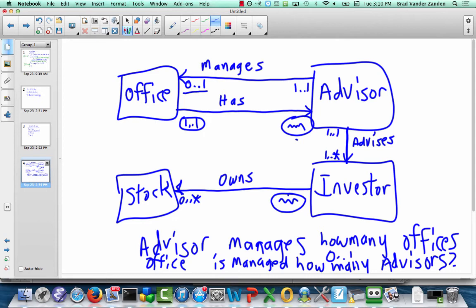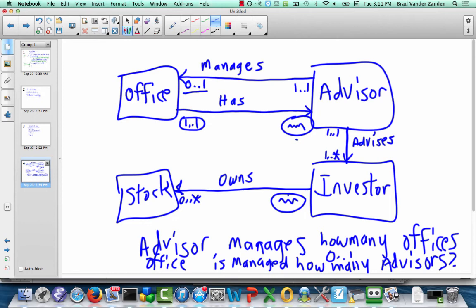So F, an office has an office number and an address. Yep, both of those are office attributes, so we'd add those to an office. G, an advisor is associated with only one office. It is information, but it kind of repeats E. In E, I said an office to which the advisor belongs. In G, I said an advisor is associated with only one office.